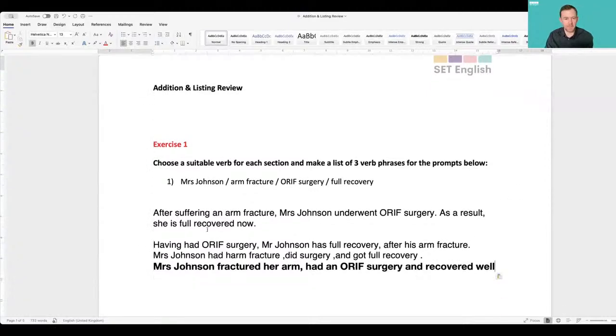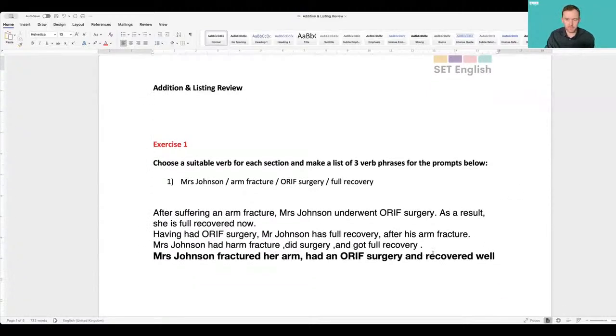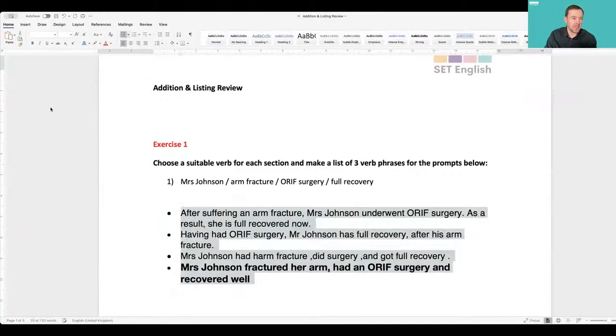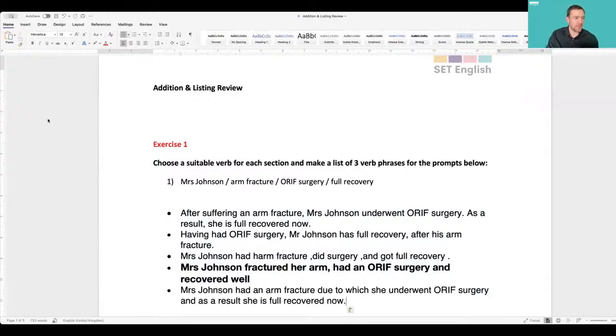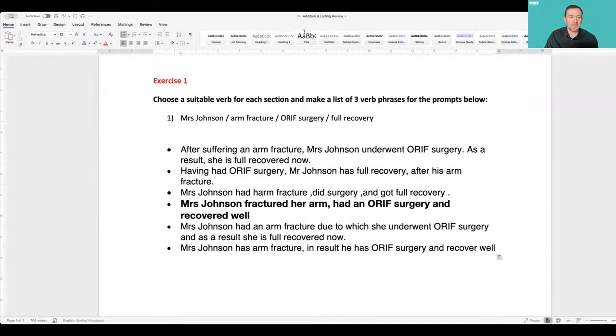Okay, we've had 1.5 minutes. Remember, what I'm interested in here is the verbs. How are we presenting them? Okay. I think I've got everything that's being sent through.